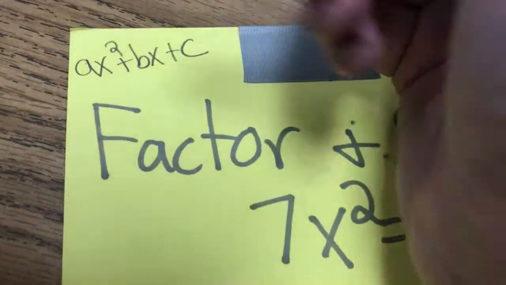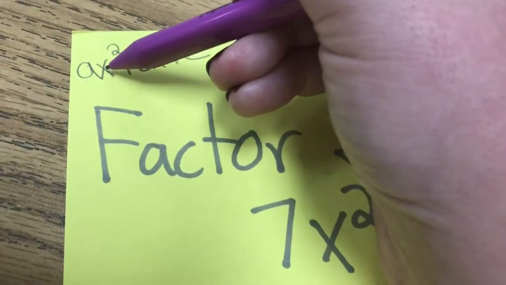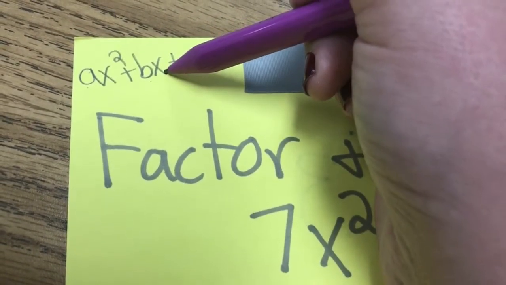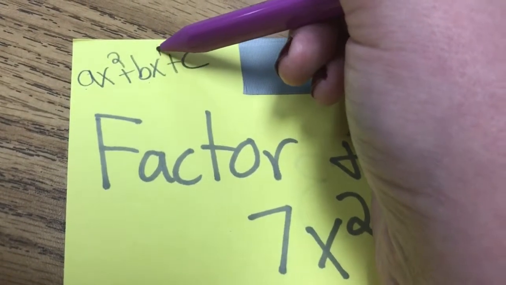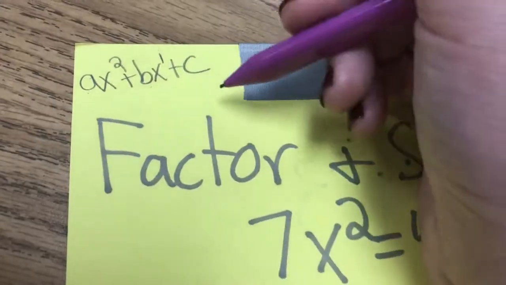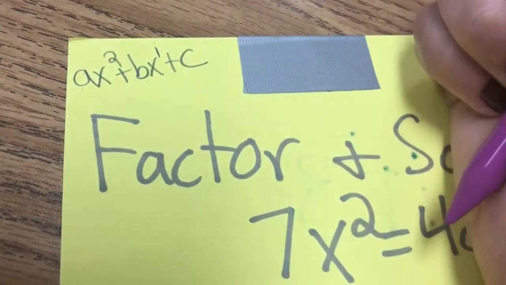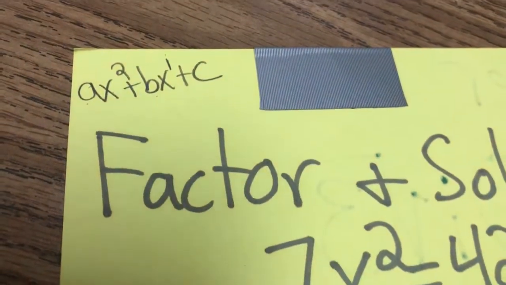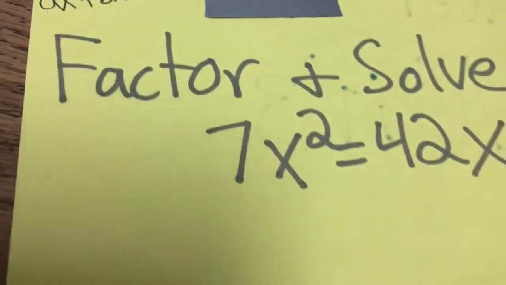Key thing is that a is always attached to the variable that's squared, b is always attached to the variable that has an exponent of 1, understood, and c is the constant that is always attached to no variable or not attached at all to any variables.